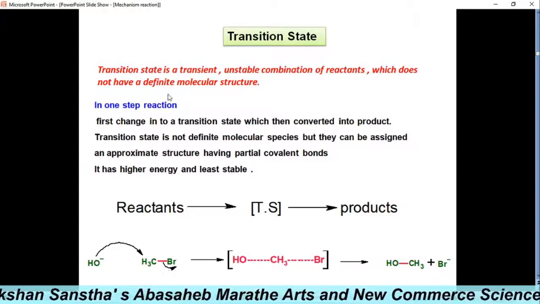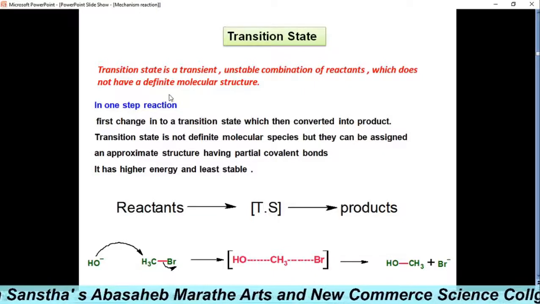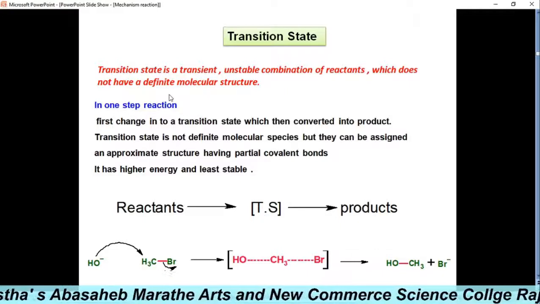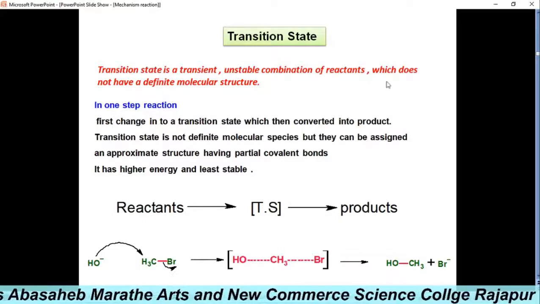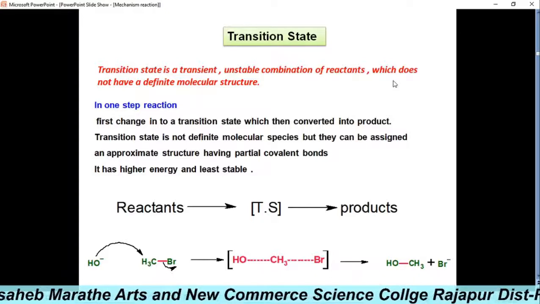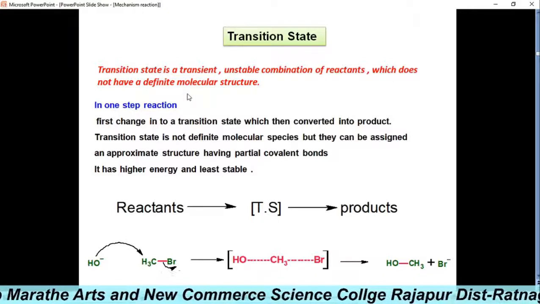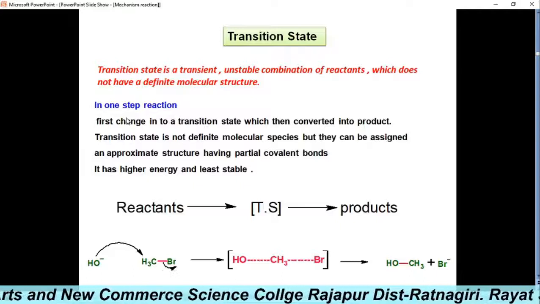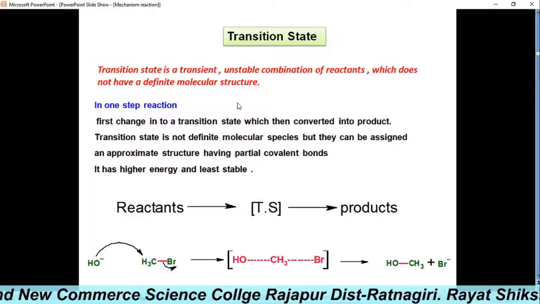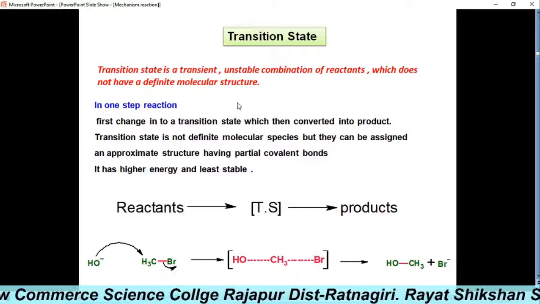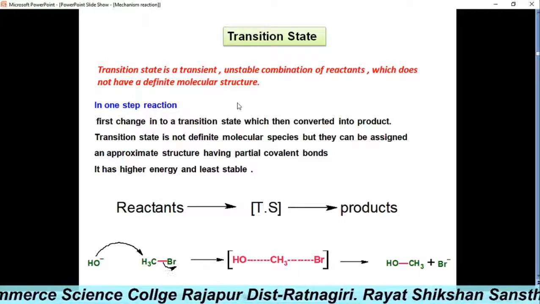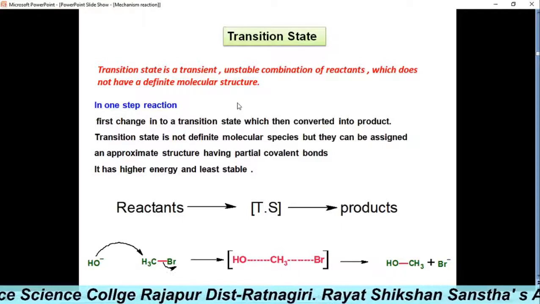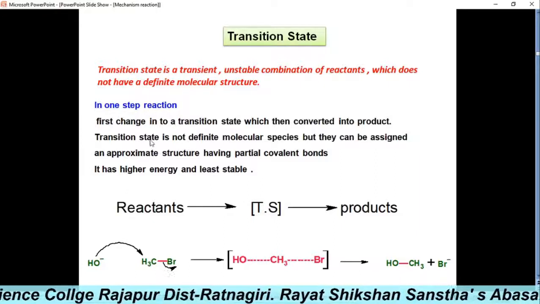The transition state is a transient, unstable combination of reactants which does not have a definite molecular structure. So various organic reactions can be explained by assuming a transition state.